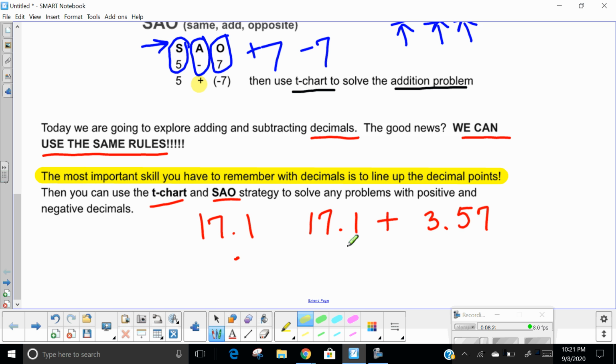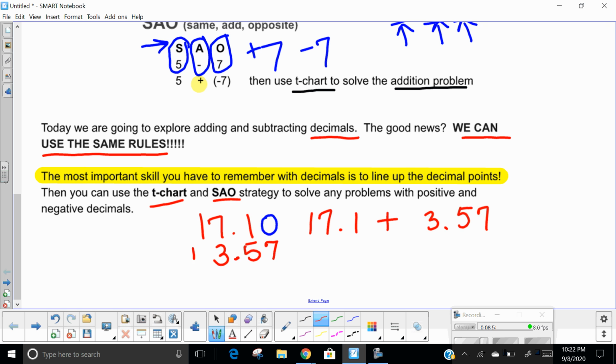decimal point. So the 3 is in the ones place value, the 5 is in the tenths place value, and the 7 is in the hundredths place value. Now I have an empty spot here, so I have to put a 0 for a placeholder, and now I can add the two numbers together. There's red.